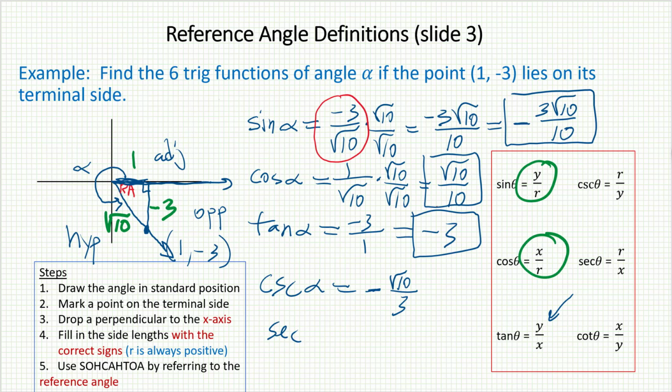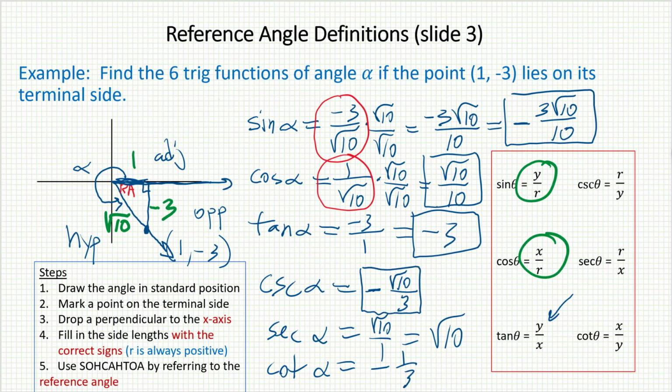For secant, if I flip over the unrationalized version, I will get square root of 10 over 1, which simplifies to just square root of 10. And for cotangent, the reciprocal of negative 3 over 1 would be negative 1 over 3. And so there's my other 3 ratios. We now have all 6 trig ratios for angle alpha.